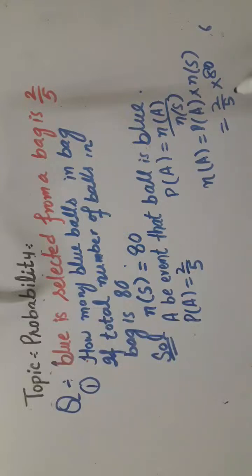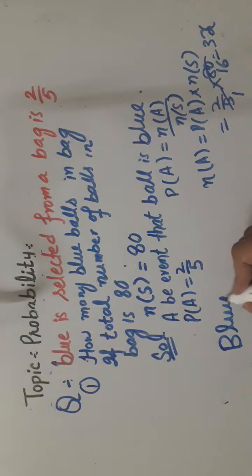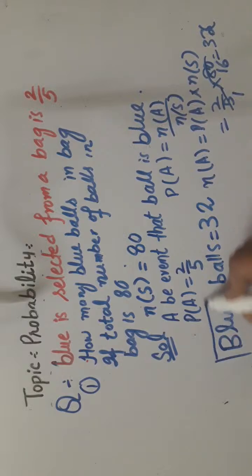By solving this, 5 ones are 5, 5 sixes are 30, so 16 multiplied by 2 is equal to 32. So the blue balls are equal to 32. So this is the right answer.